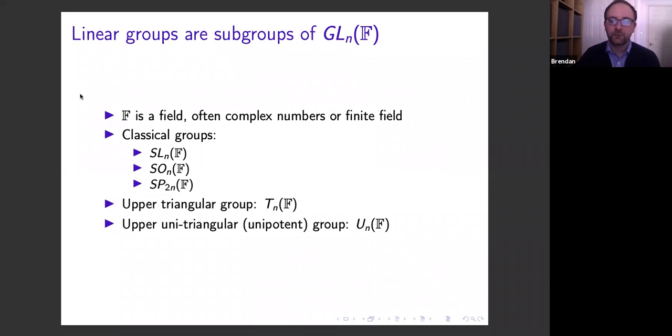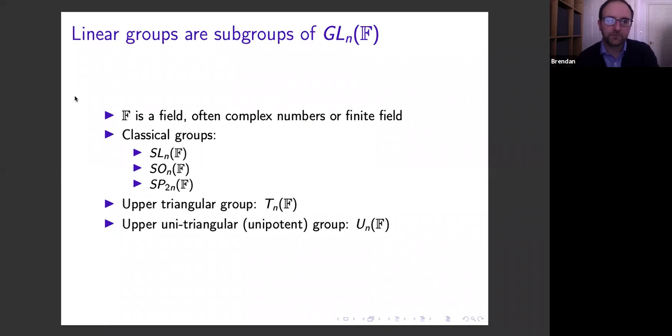So first we'll be looking at linear groups, which are subgroups of the general linear group over a field. Classically you would think of the field as being the complex numbers, and then you would look at closed subgroups. For this talk, F will typically be a finite field, or maybe the complex numbers.